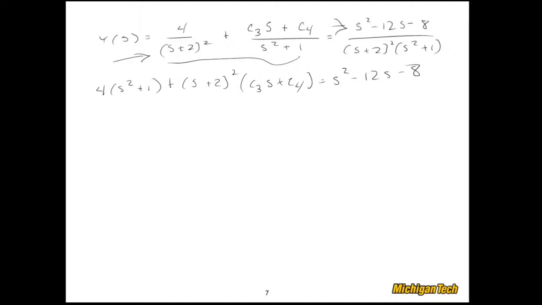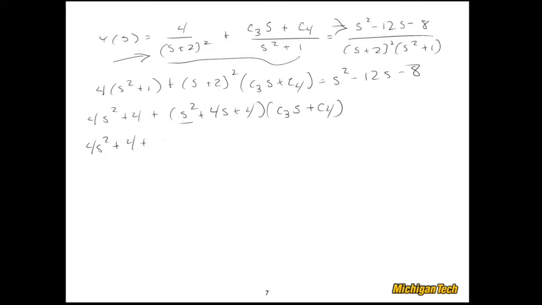I'm going to go ahead and multiply out that left-hand side, just because there's quite a bit going on. Here we have an s squared plus 4s plus 4 times C3s plus C4. Go one step more in multiplying this out.